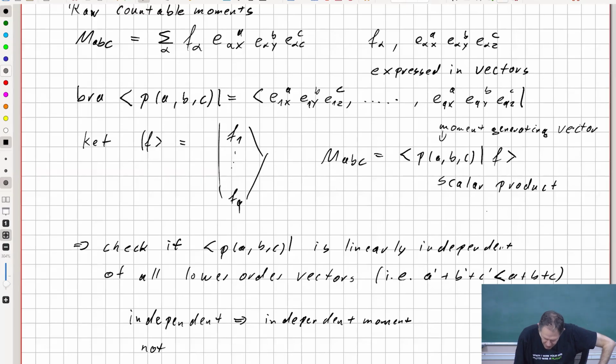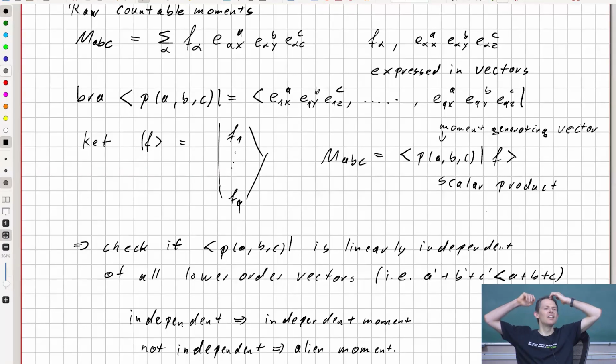Not independent, then we have an alien moment. So in this way, we always make sure that we keep the lowest order moments as the primary moments and the higher order ones as the actual aliens. Okay, so this is how it has been done.